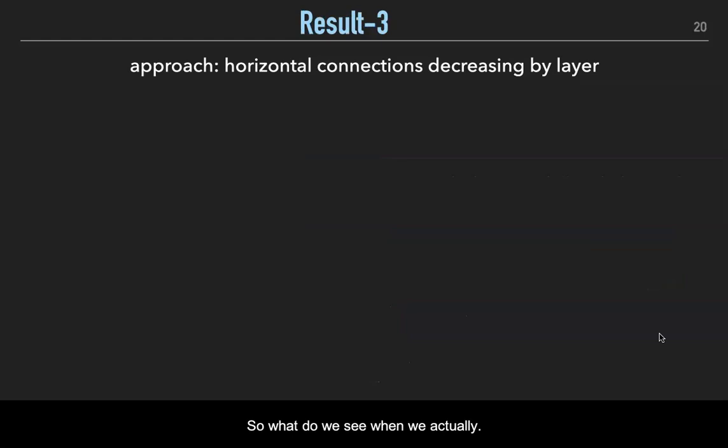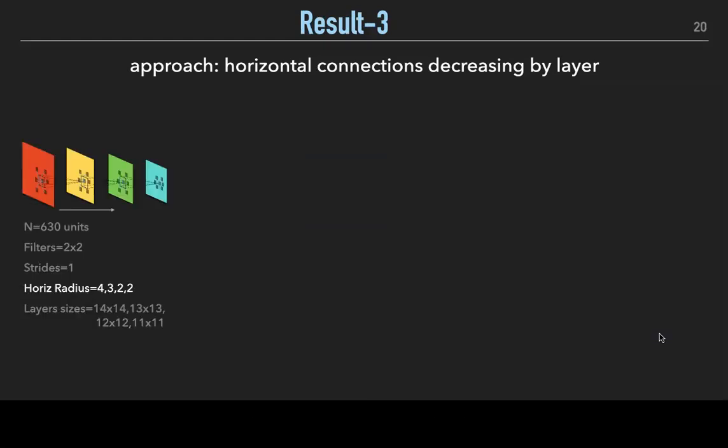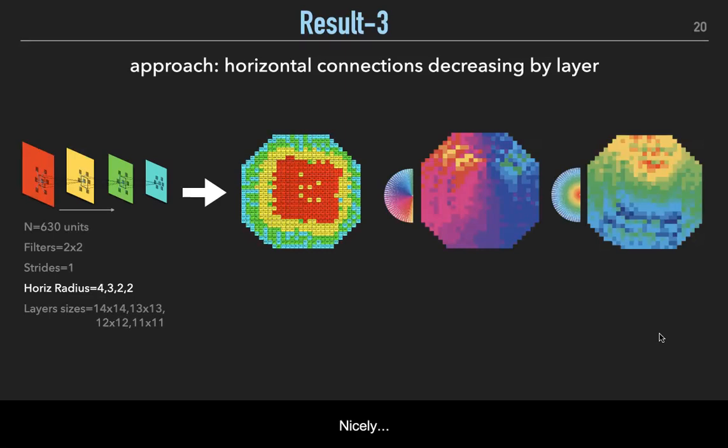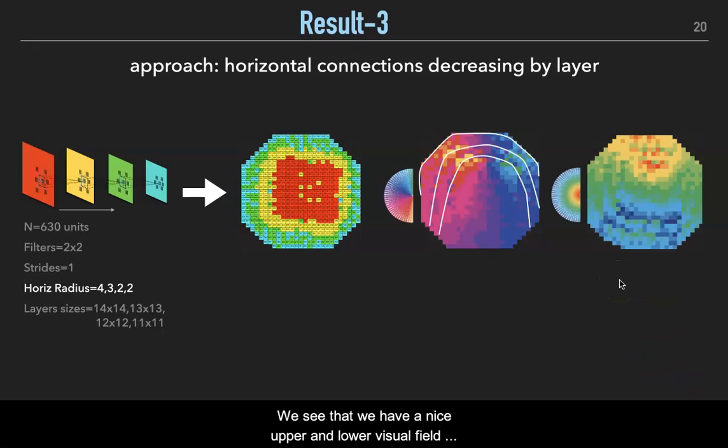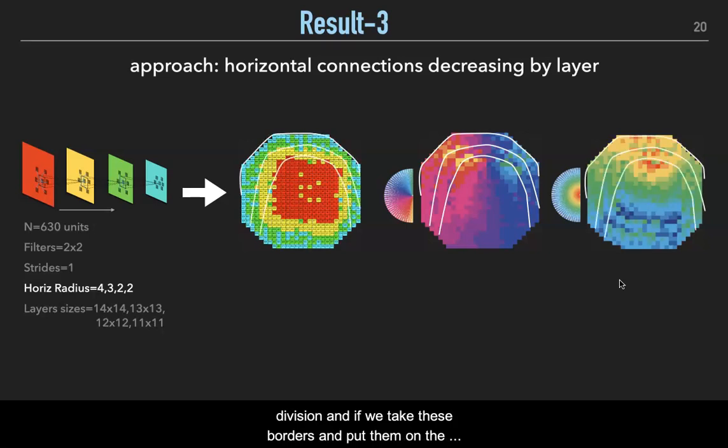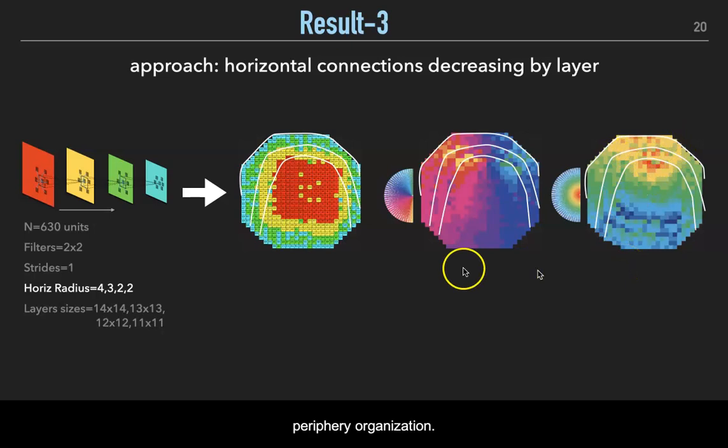So what do we see when we actually construct such a network? Well, now nicely we can see that there are signatures of multiple maps emerging. We see that we have a nice upper and lower visual field division, and if we take these borders and put them on the other maps, we can see that we have very nice fovea to periphery organization.